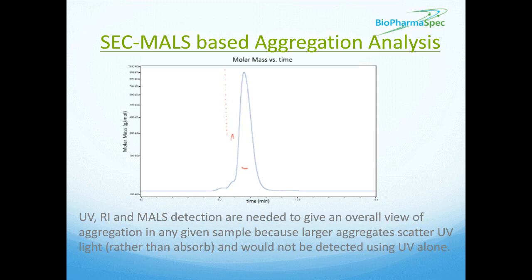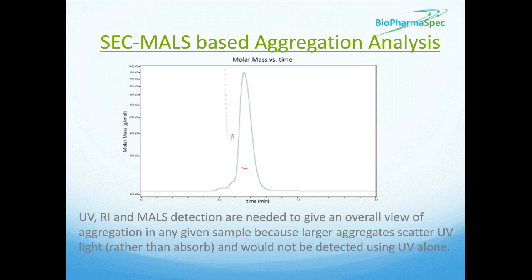So this isn't just a trimer or a tetramer, this is a mixture of multimeric compounds, which is why you're getting the dotted line that disappears up into the sky and off the scale. So SEC-MALS is something we use and we recommend to our clients that you do, to qualify and make sure your SEC-UV is working correctly.